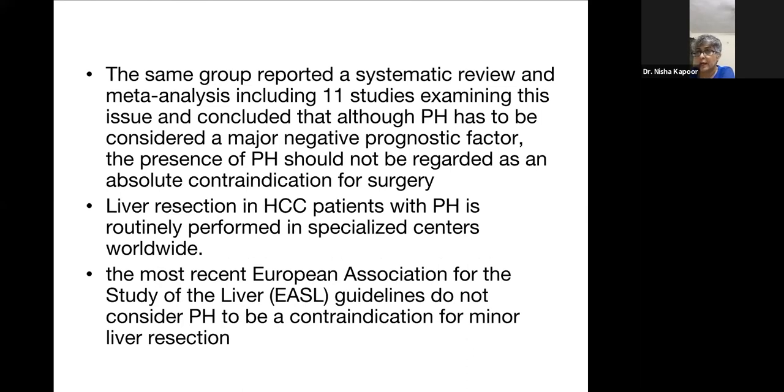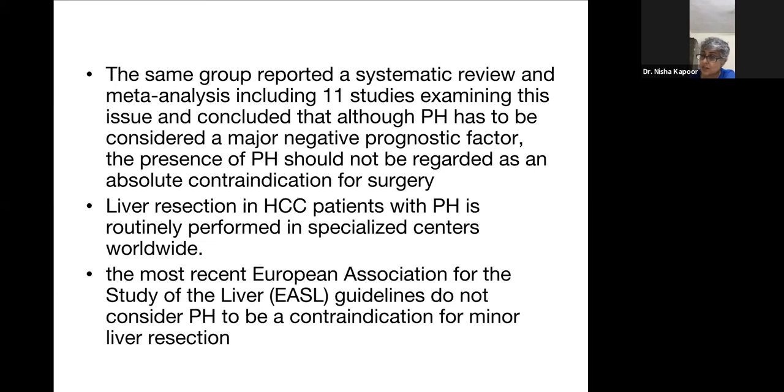Now, while the group had claimed that portal hypertension has a negative predictive value for outcome post-surgery, the same group also reported a systematic review and meta-analysis of about 11 studies examining this issue, and they realized that in recent times, portal hypertension is not really an absolute contraindication for surgery, and liver resection is being done in HCC patients with portal hypertension in certain specialized centers worldwide.